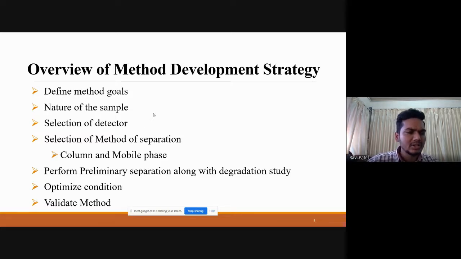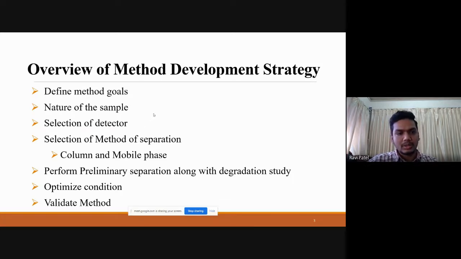Of course, we generally do this parameter at the validation stage. But before starting a validation, we have to confirm that test during our method development as well. Some students correlate this degradation study with stability studies.